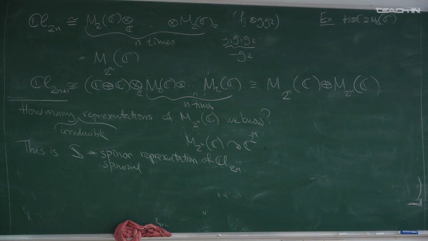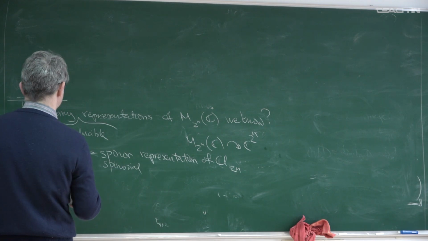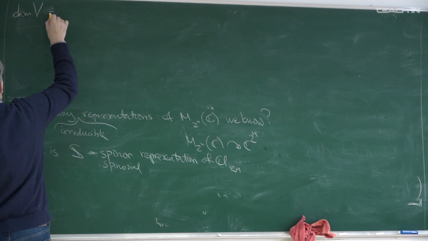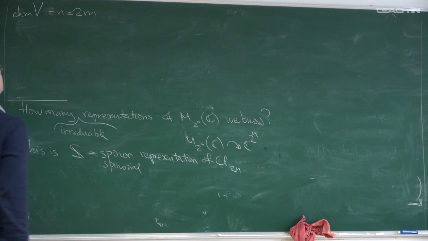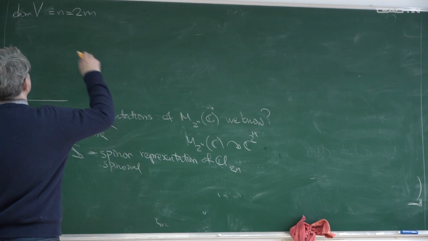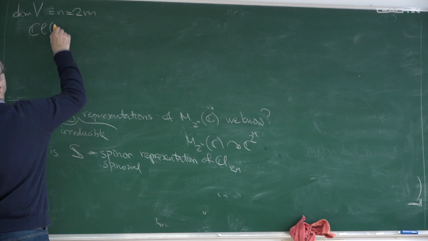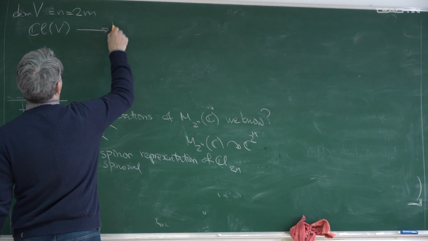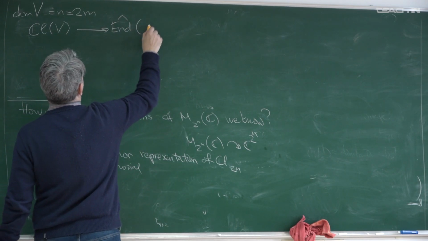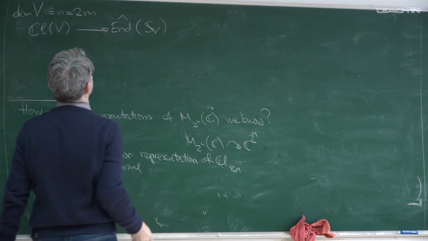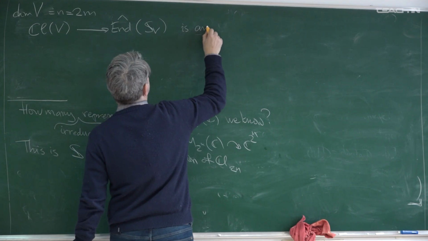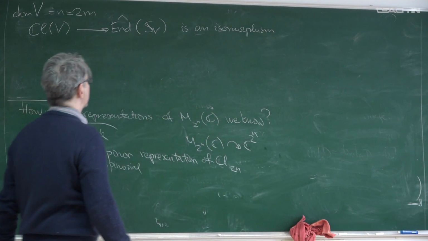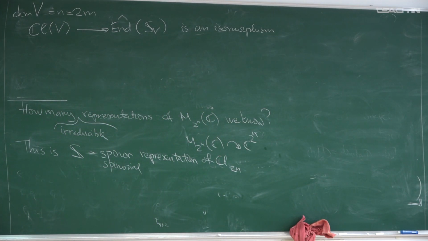The statement is, I'm very sorry, I need to change the notation. So V will be of dimension n, which is equal to m. I will explain how to introduce grading on this.